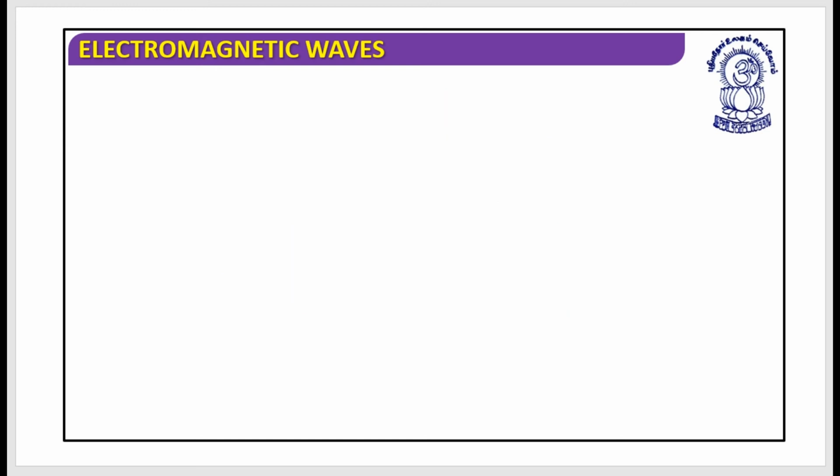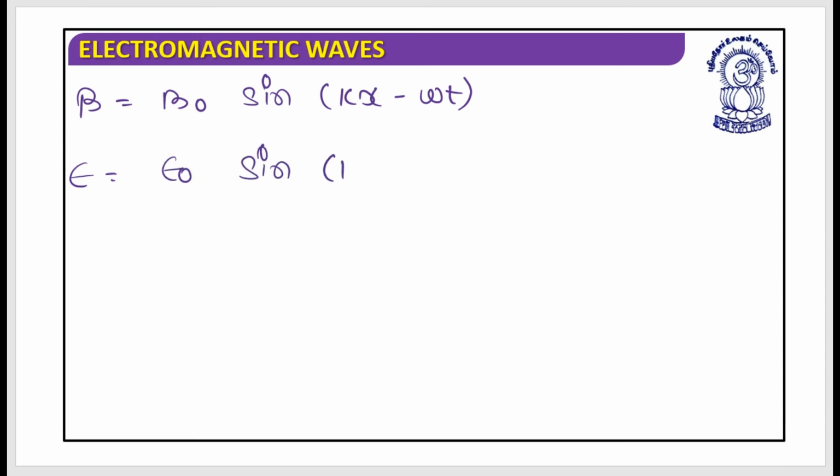Yes, so first let's understand that we have two components: the magnetic field B equals B naught sine of (kx minus omega t), and the electric field component is given as E equals E naught sine of (kx minus omega t).